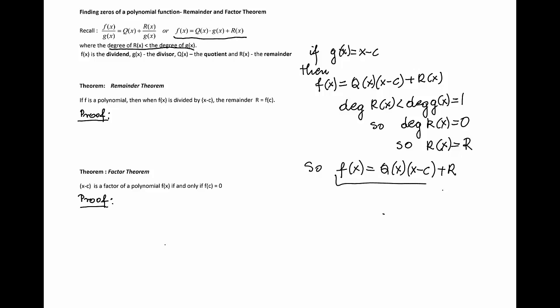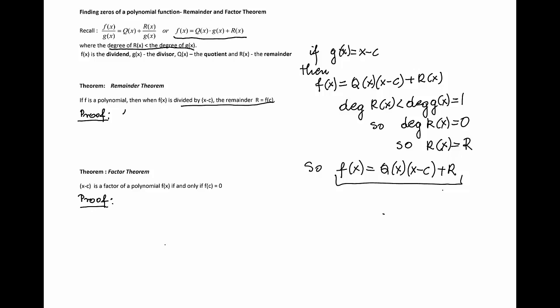And we'll use this to justify the first theorem, the remainder theorem. It says that when f of x is divided by x minus c, then the remainder is f of c.